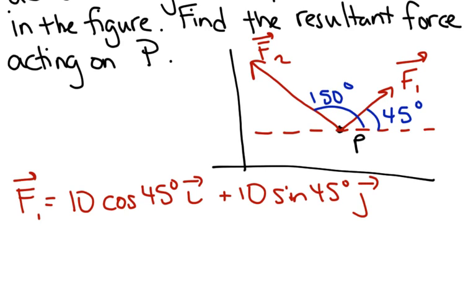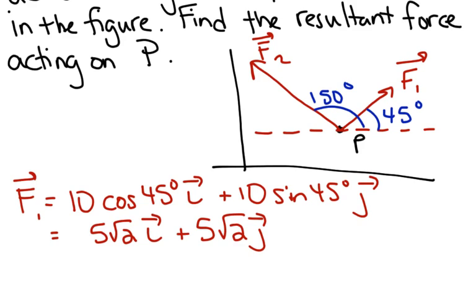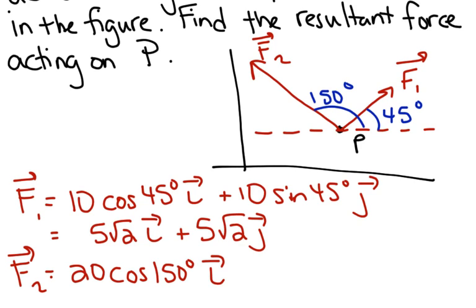If I simplify these, I get 5 square root of 2 i plus 5 square root of 2 j. Force 2 is going to be 20, that's its magnitude, cosine of 150 degrees i, plus 20 sine of 150 degrees j.